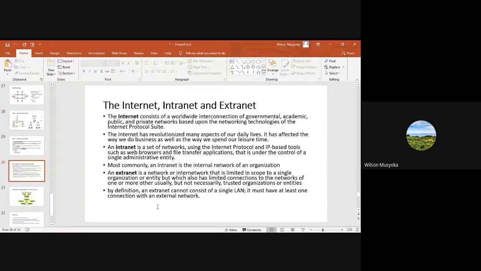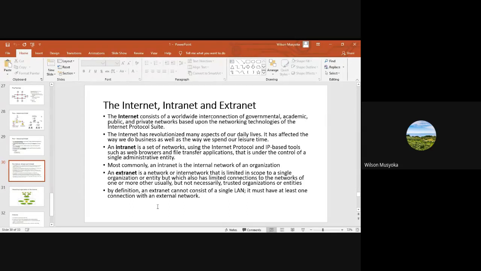Then an extranet, we are saying that is also a private network, but now this private network allows access to itself from another private network or from another organization, like you have two organizations.